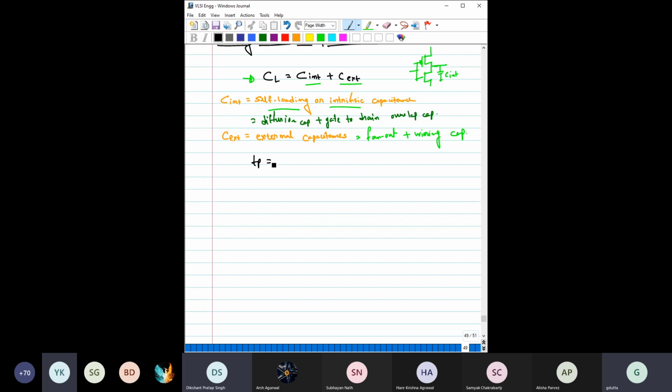Okay, now see, we have also seen that TP, the total propagation delay, we can write like this, 0.69 R equivalent. Now we are saying that this is the equivalent resistance, because now we are not considering separate capacitances. C internal, C external. So we will take C int outside, and express it like this.